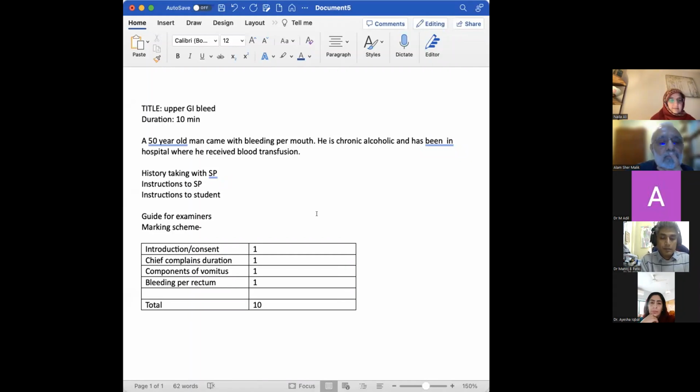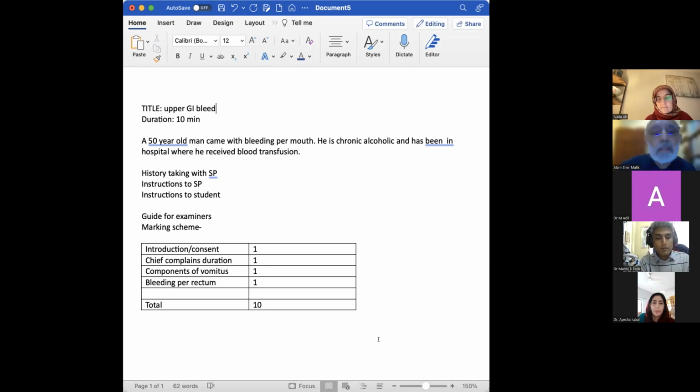And then we were discussing that there will be a simulated patient. We did not finalize any script for the patient yet, neither the instructions for the students, but we were just doing the marking, how we are going to divide the marks for this activity. Right. Okay.